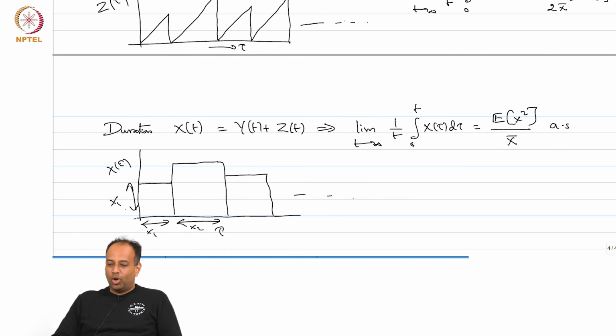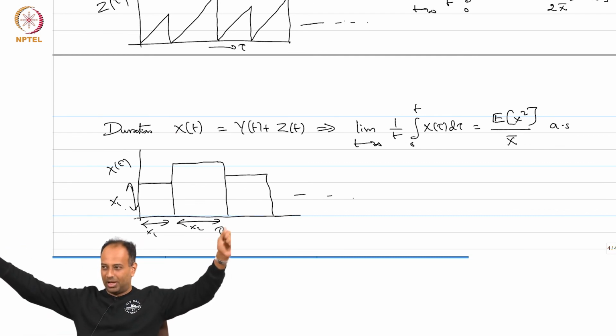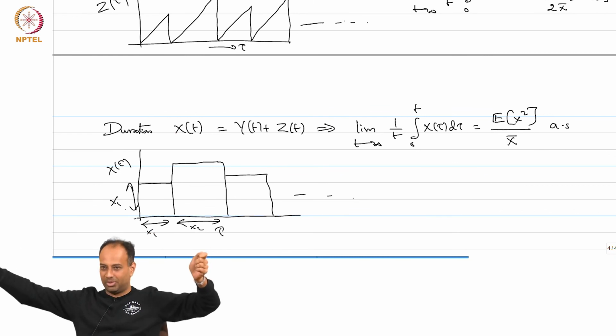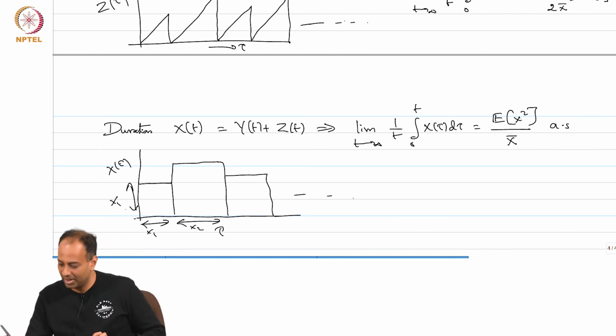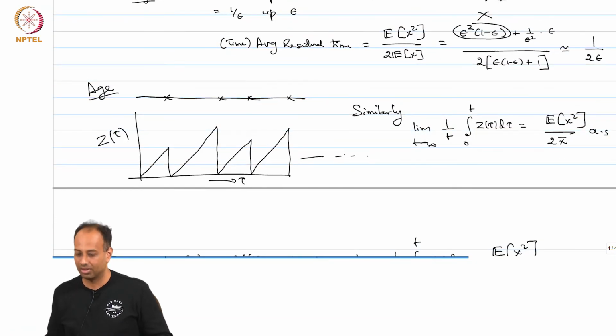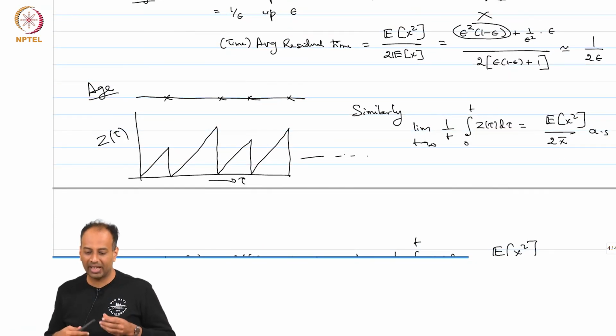So, what does this tell you? The moral: if you show up at a particular time, the average duration between the previous bus and the next bus that you are going to see depends on the second moment of the inter-arrival times. And there are distributions for which the second moment can be very large. For example, in the example I gave you, the second moment is like 1 over epsilon, although the expected x is roughly like 1.